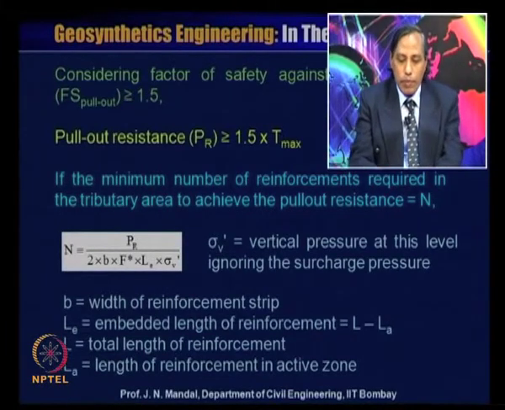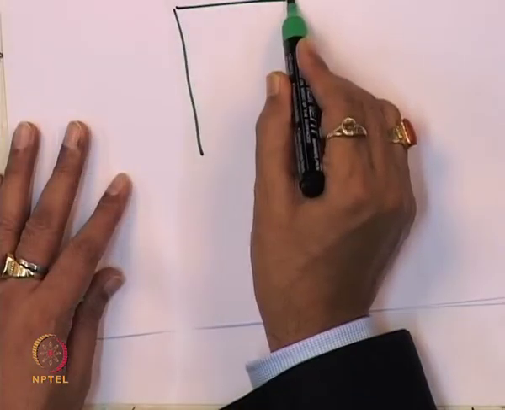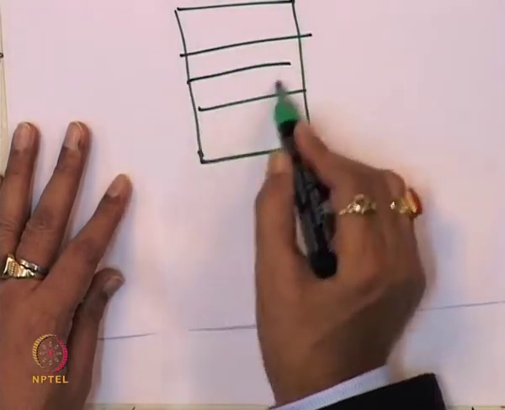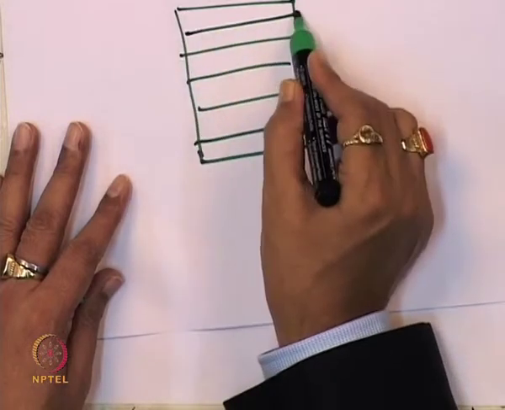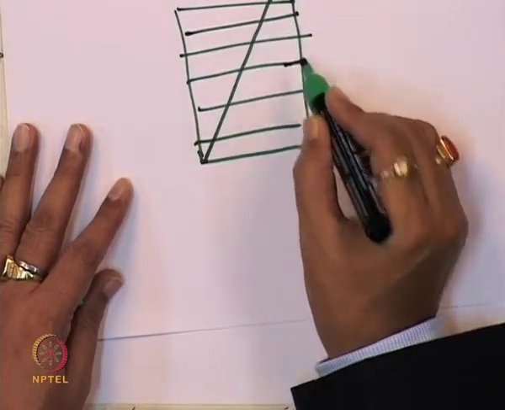So, it is like this. If I draw a failure line, if this is the wall and this is the reinforcement, you can draw a failure line like this.